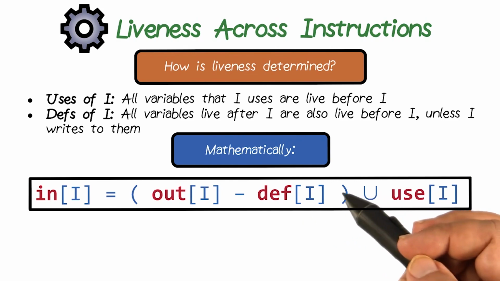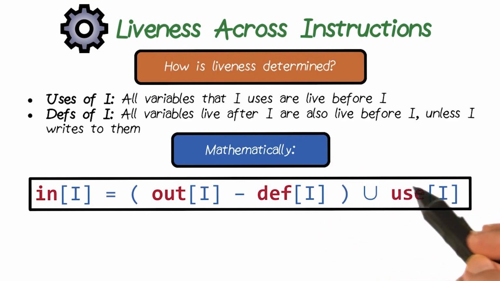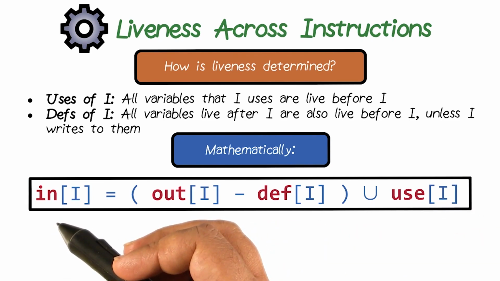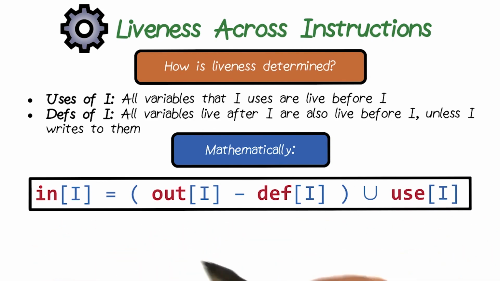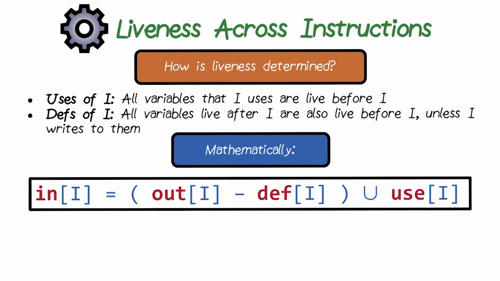But in addition, if something else was not live after this instruction, all those variables which have uses in that instruction will get added to the live set, and so we add those, and that gives us the set of all variables which are live at the entry of this instruction. So this is a very important equation to be noted. In is equal to out minus def union use.